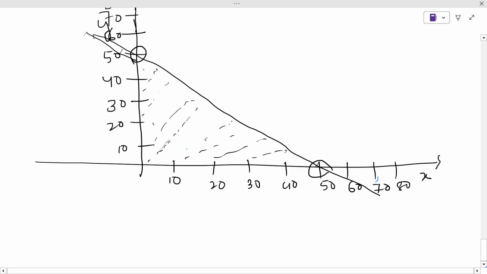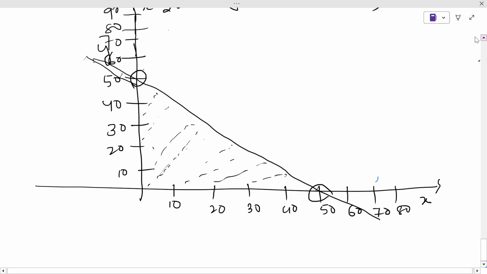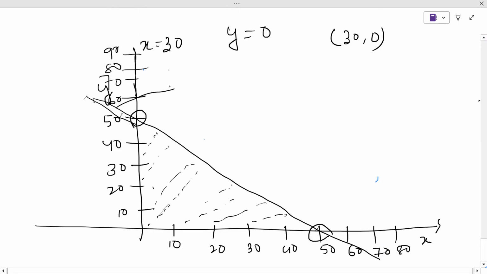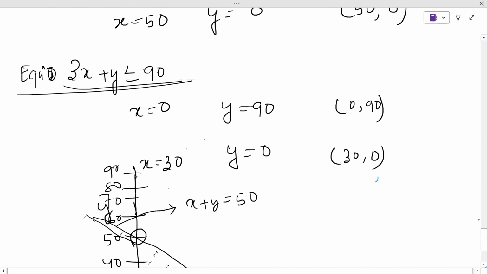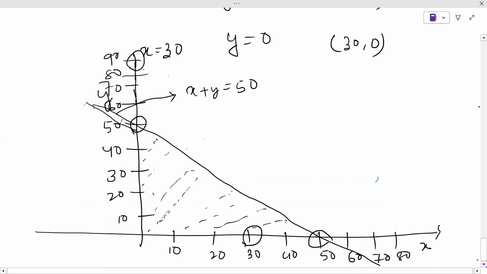Again, the second equation: x plus y less than or equal to 50, or x plus y is equal to 50. The second equation's vertices are (30, 0) and (0, 90). This is the line which intersects at this point.